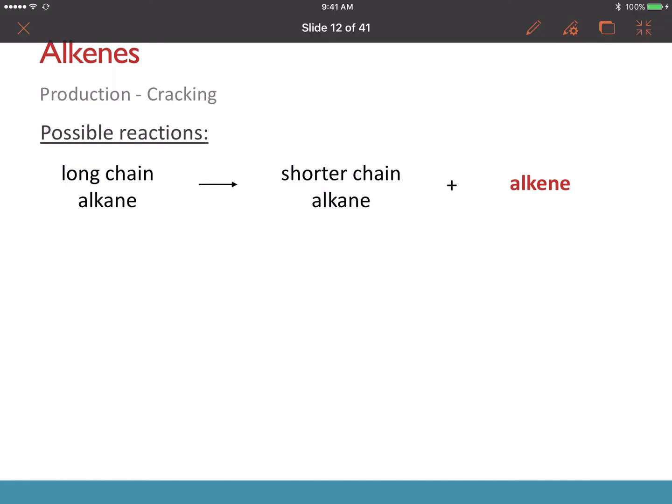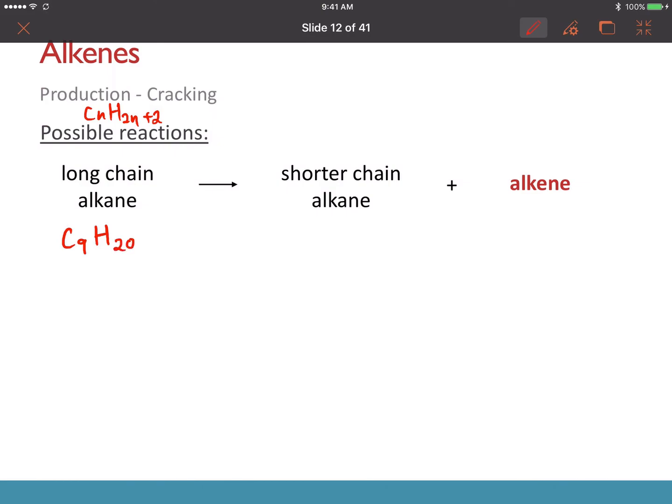Okay, so for example, let's say the long chain alkane is a C9. If you see 9, how many hydrogens should there be? CnH2n plus 2. So I should get 18 plus 2, 20.